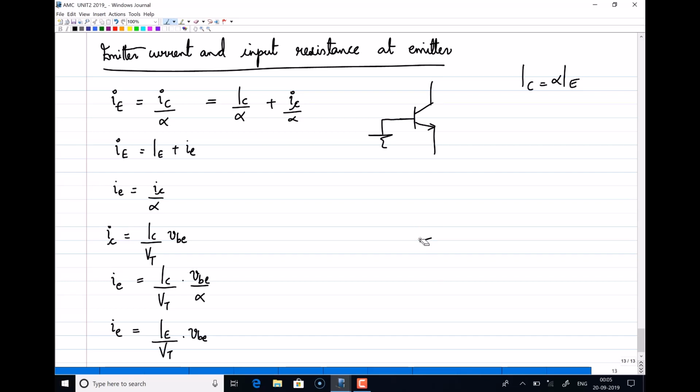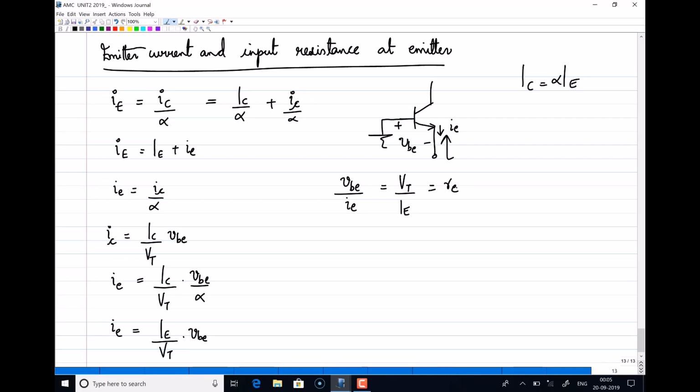I am looking at the emitter terminal, so plus minus VBE, and the current here is IE. So the resistance looking into the emitter is VBE by IE, which is equal to VT by IE in this case, and we call that resistance looking into the emitter RE.